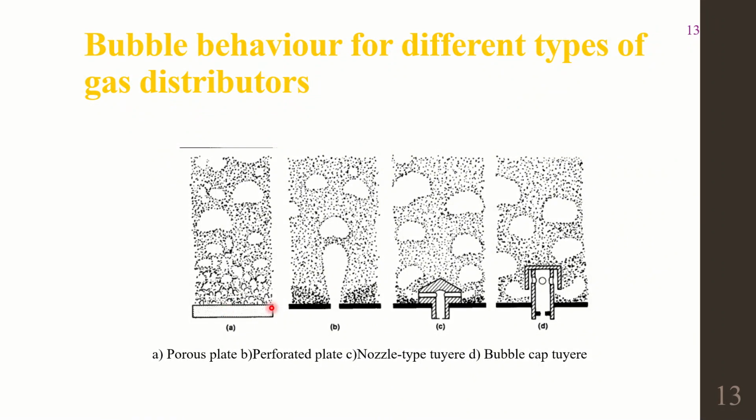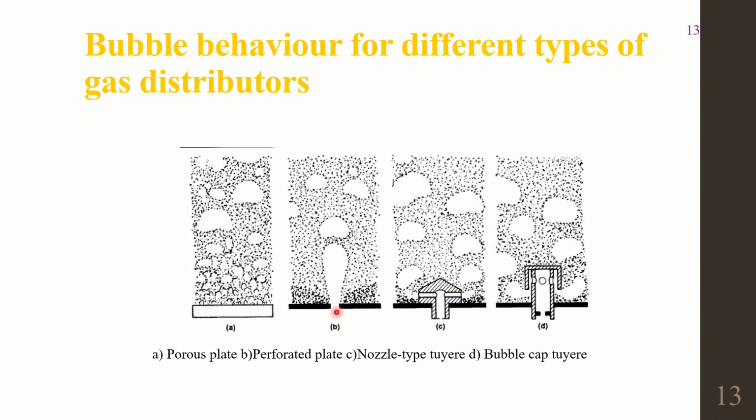And next is the perforated plate distributor. In the perforated plate distributor, we have perforations through which the fluid passes. So initially, depending on the nozzle opening and the fluid velocity at which it is passed, as you can see, the bubble has grown this much in size. This is known as jet penetration length.